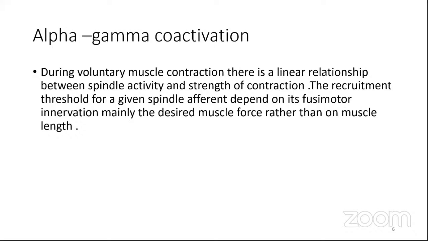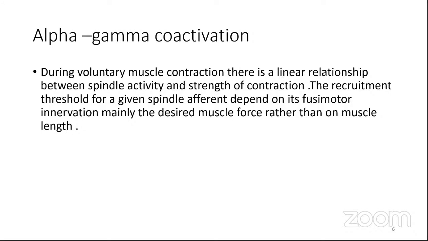The recruitment threshold for a given spindle afferent depends on its fusimotor innervation, mainly the desired muscle force rather than on muscle length.